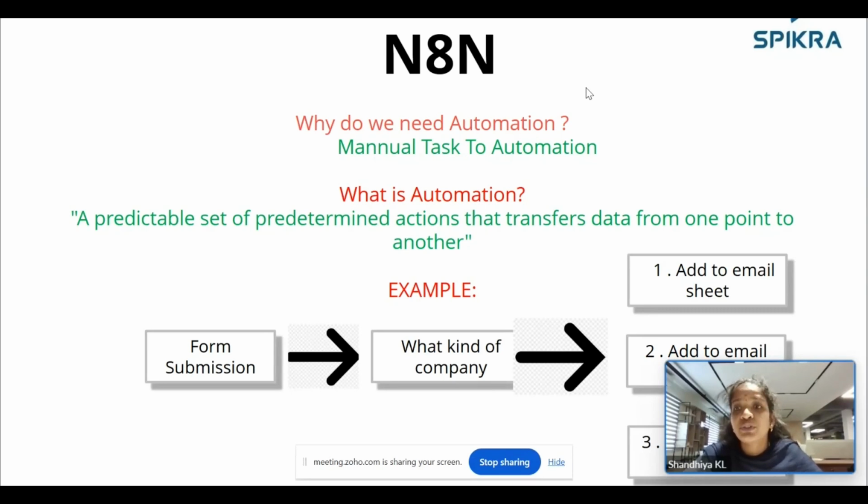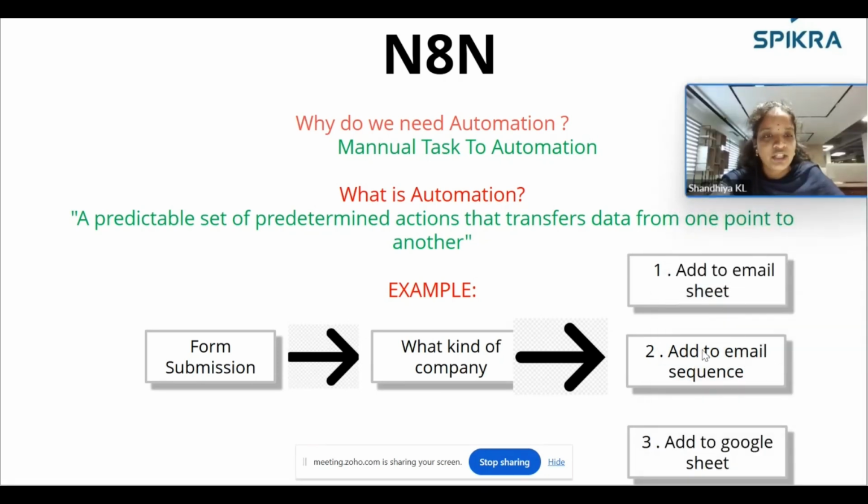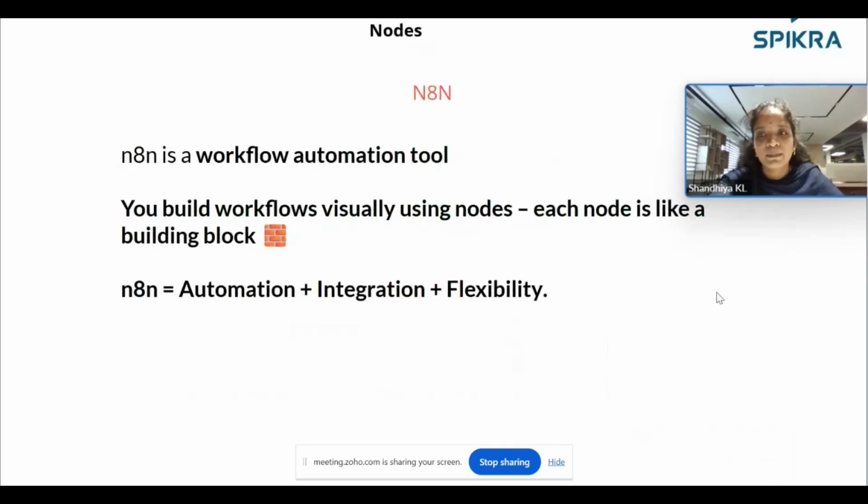You build workflows visually using nodes, and each node is like a building block. For example, a form submission can add to an email sequence and add to Google Sheets. So you may look at this like building blocks.